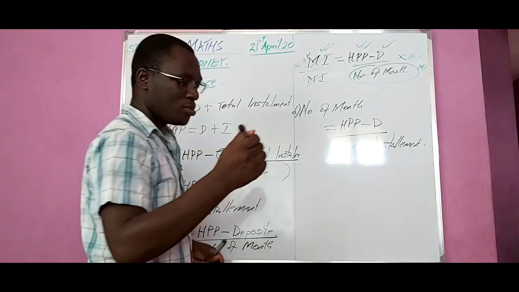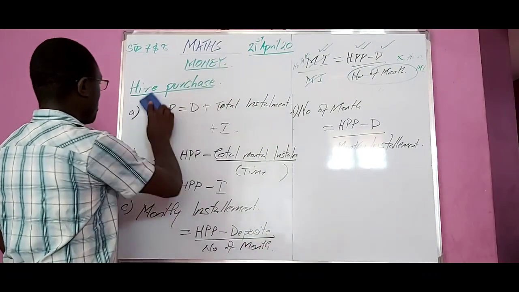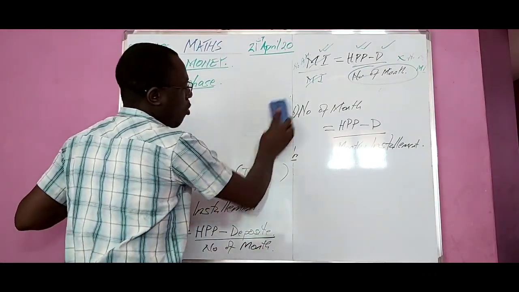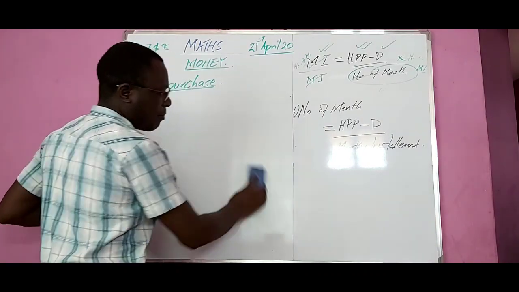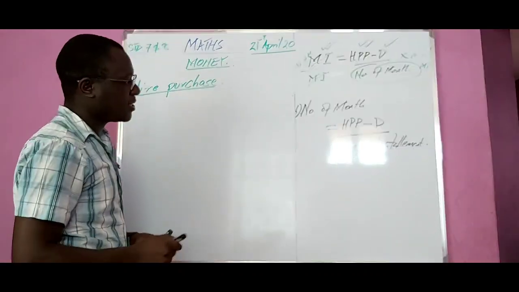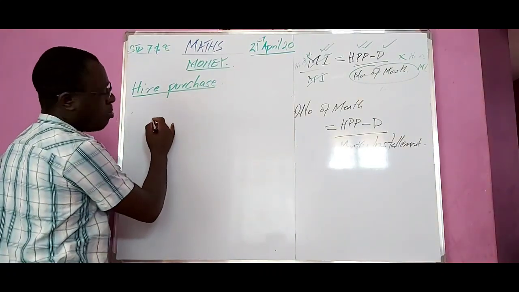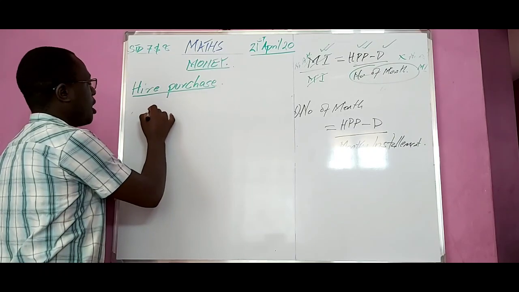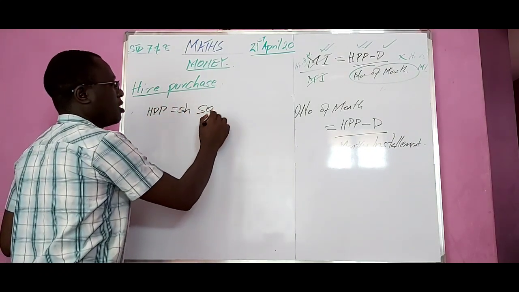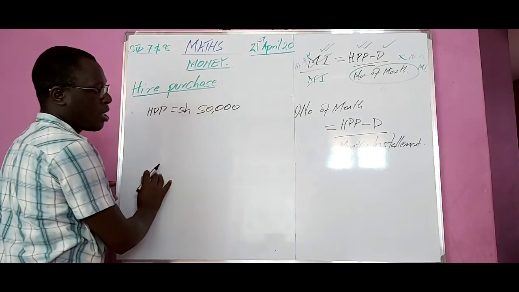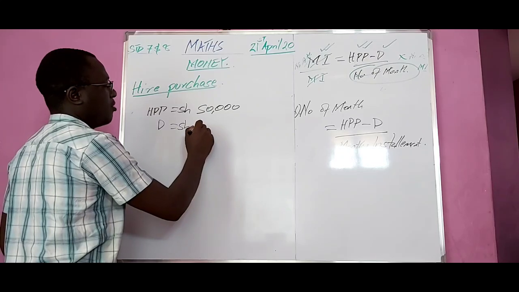Example. You're told, let's make space for our example. Example in the question, you are told that Kamau paid for a house, hire purchase price, he paid 50,000 in total. He had paid a deposit of 30,000.